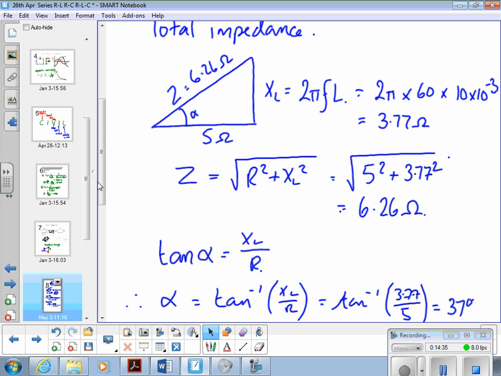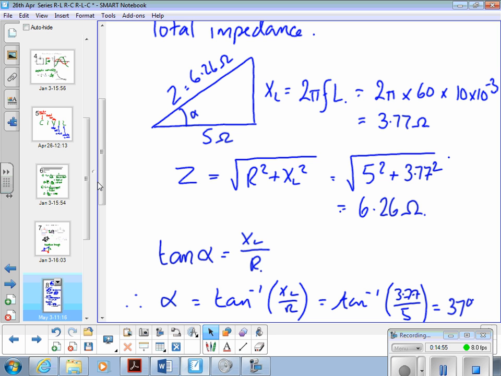That becomes twice as big. Look at the triangle and think, this line becomes twice as long if that was drawn to scale. What happens to Z? It's going to get bigger, and the angle's going to increase.